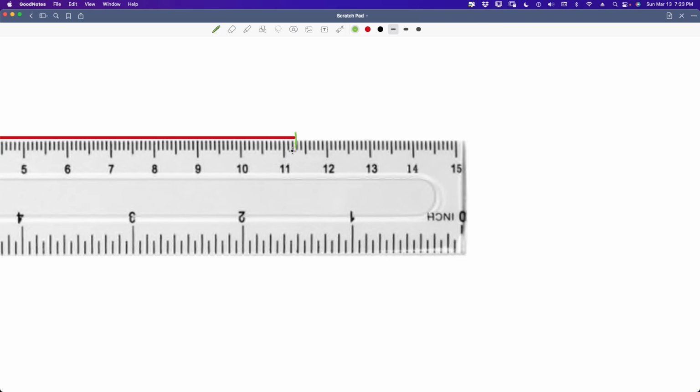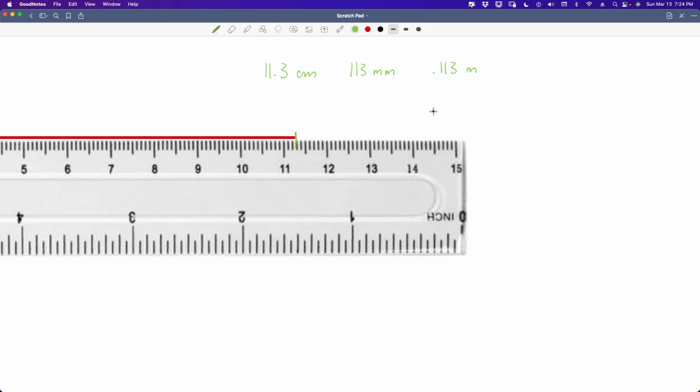So it's 1, 2, 3. So that is 11.3 centimeters, or 113 millimeters, or 0.113 of a meter.